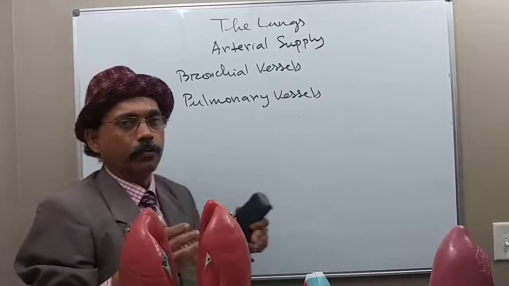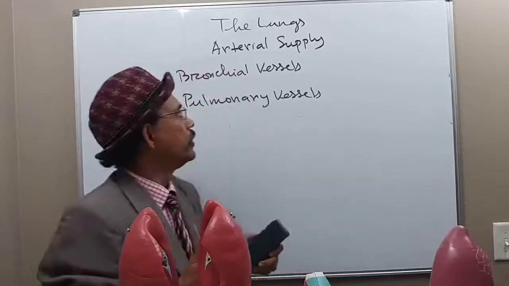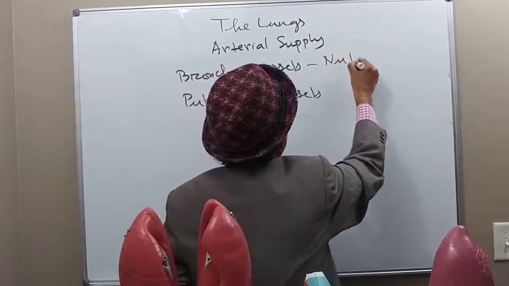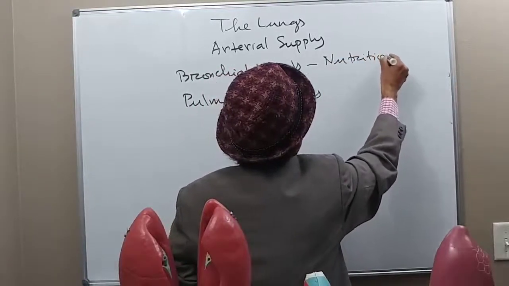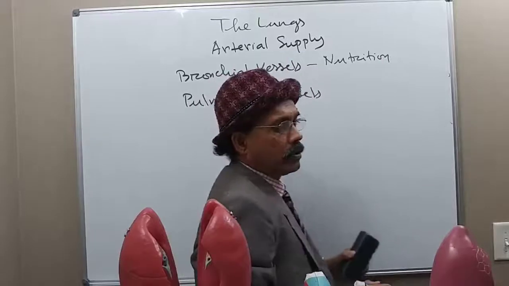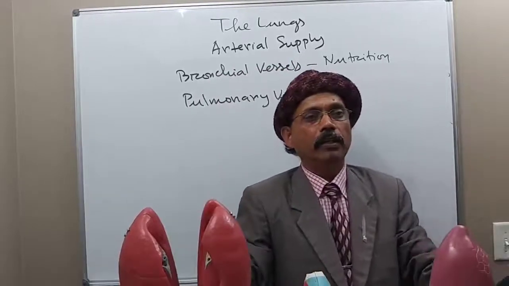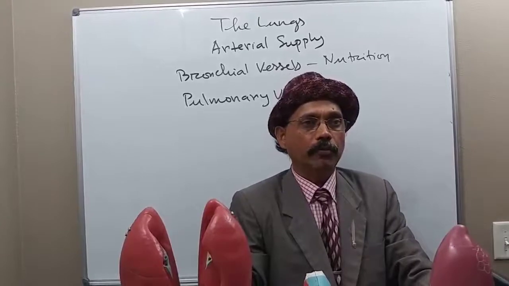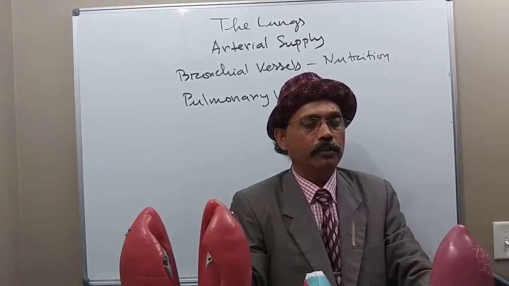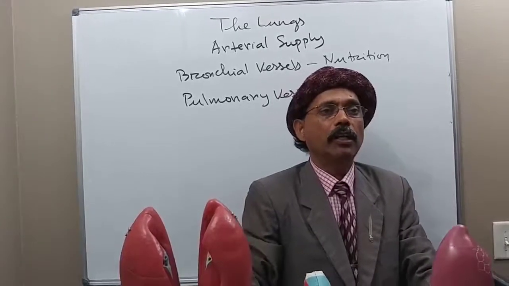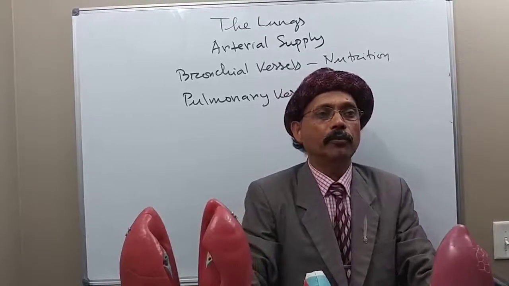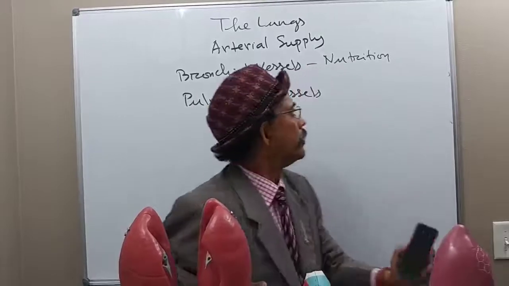They have anastomosis with each other. Bronchial vessels are associated with nutrition. The right bronchial artery is a branch of the right third posterior intercostal artery. The left bronchial artery, usually two, are branches of the descending thoracic aorta.